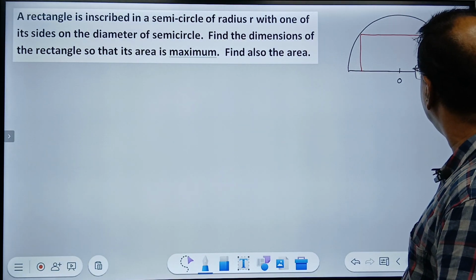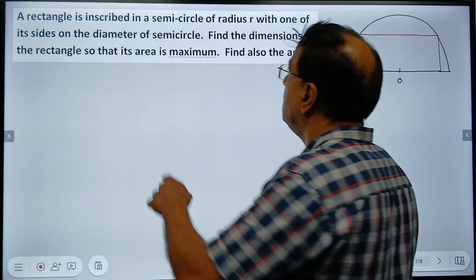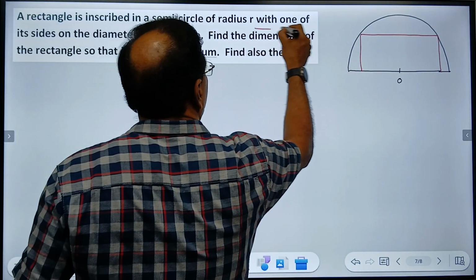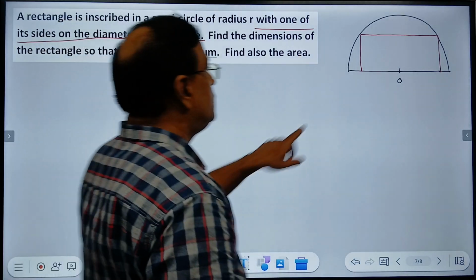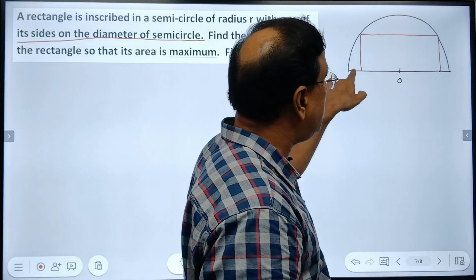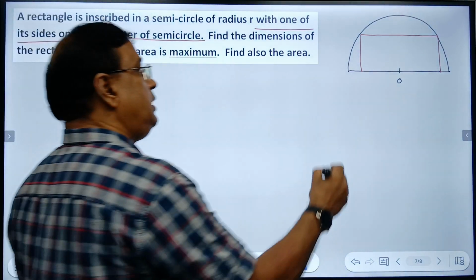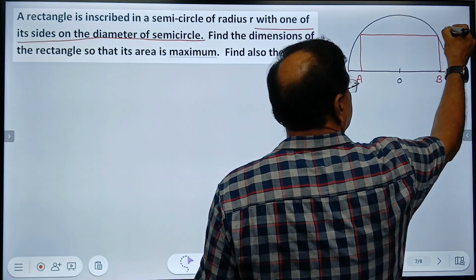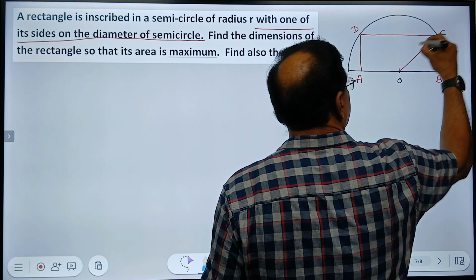This is how you inscribe a rectangle. With one of its sides on the diameter. So one of the sides is on the diameter of the semicircle. Correct? So let me name this A, this is B, this is C, this is D. This is the radius of the circle.